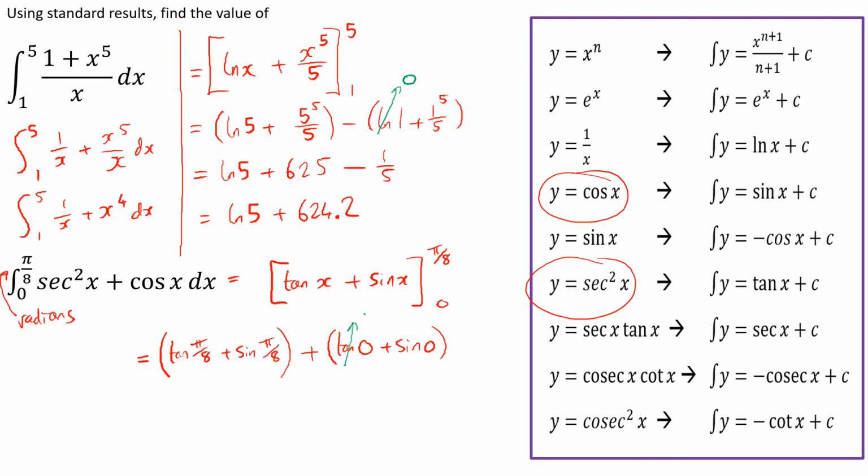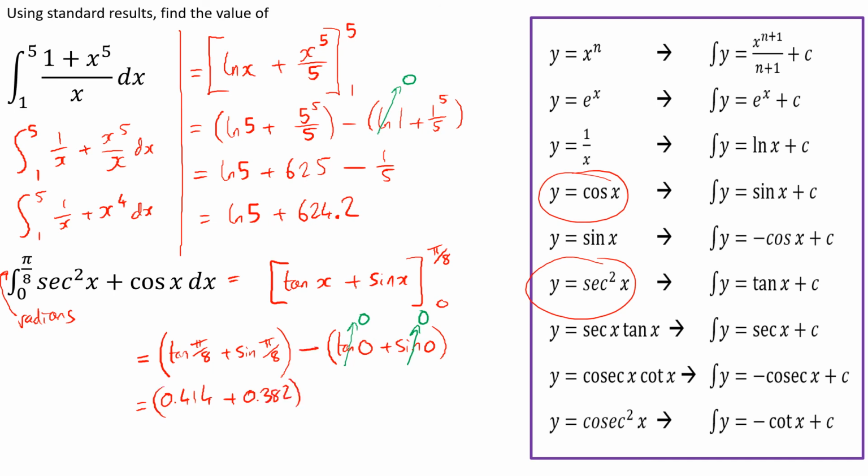Okay, so can we get rid of anything? Well, tan of 0 is 0, sine of 0 is 0. And these aren't really standard results that are left, so we can't put these as nice fractions. I suppose we could fiddle around with some special triangles for a while, but this is fine. All I'm going to say is that tan pi over 8 is about 0.414 and sine of pi over 8 is about 0.382.